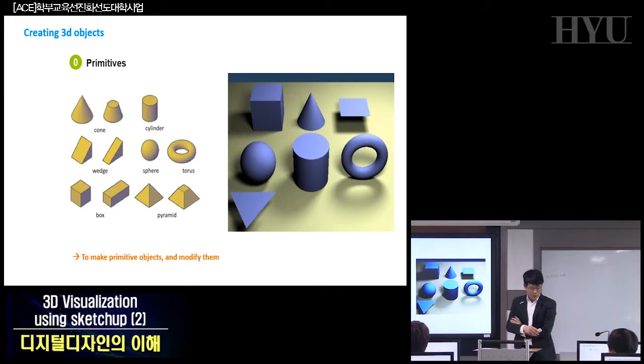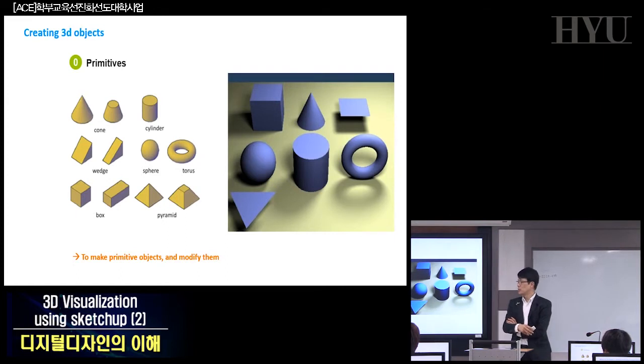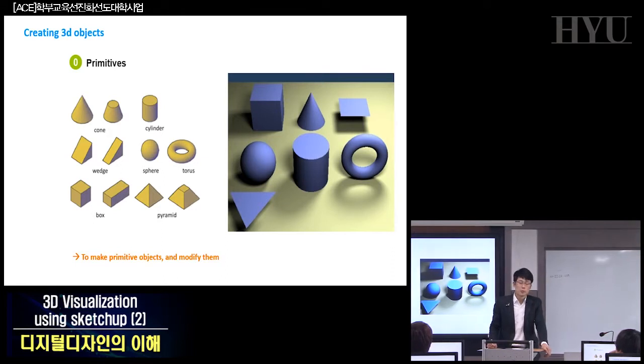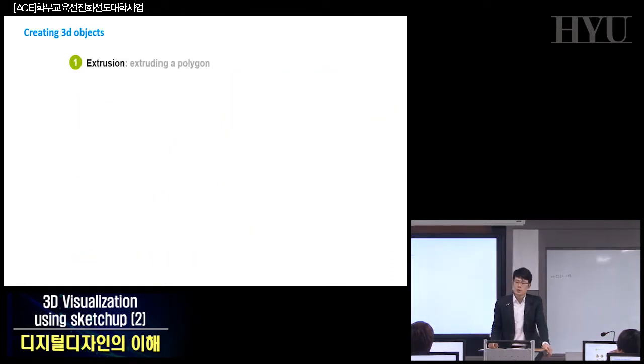Primitives, they are here: cone, cylinder, wedge, sphere, torus. In general 3D software such as 3D Max, you can simply click torus, type the radius, drag it, and easily make it. But in SketchUp, there is no way to create those primitives directly, but you can easily draw and make them, and we're going to demonstrate it basically using extrusion.